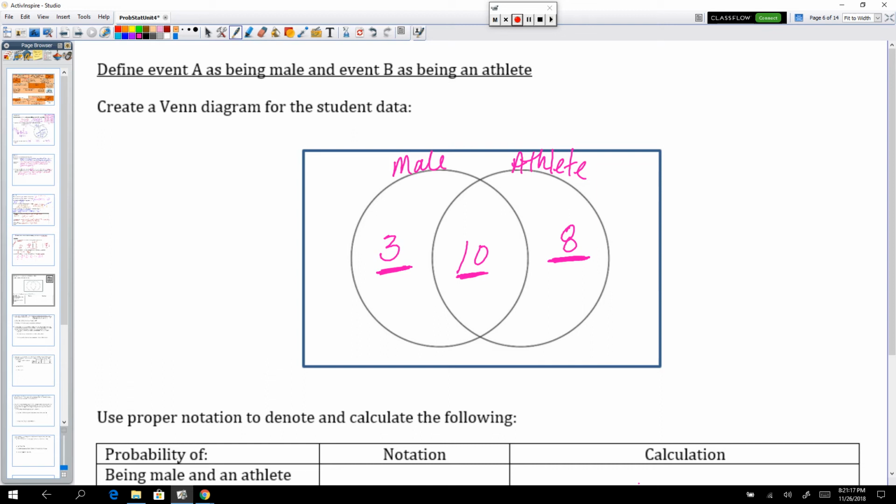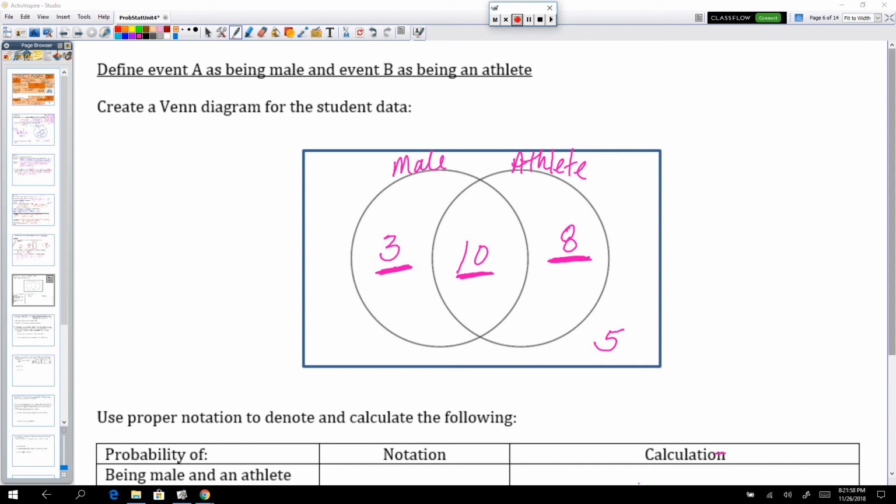We've only accounted for 21 people, and we had 26 people in the class. Who are we missing? We've got the males who are not athletes, we've got the males who are athletes, and we've got the athletes who are not male. We're missing the people that are not male or athletes. The 5 people that are not male or athletes, those are represented on the outside of the box. Okay, now we've accounted for all 26 of our people.